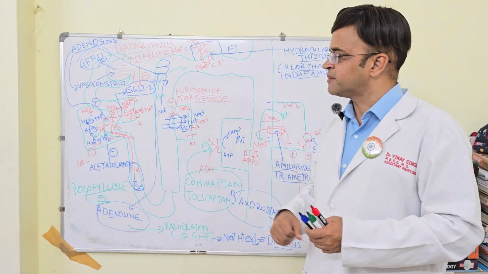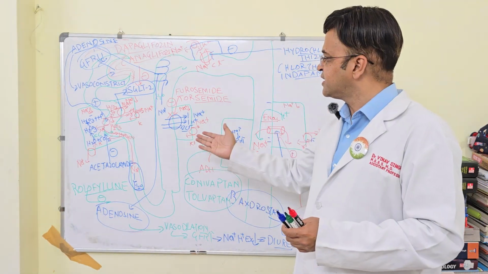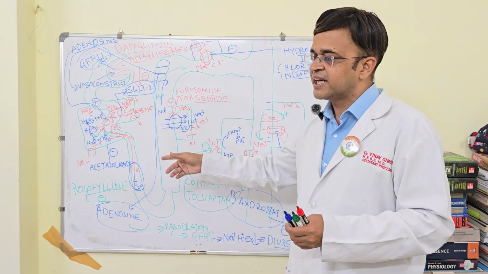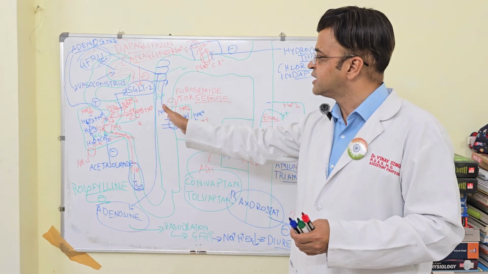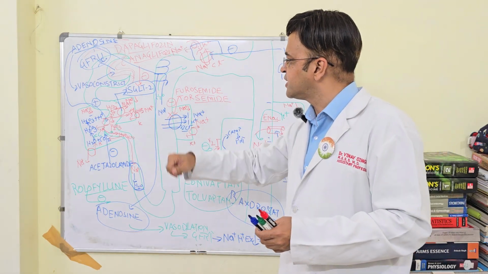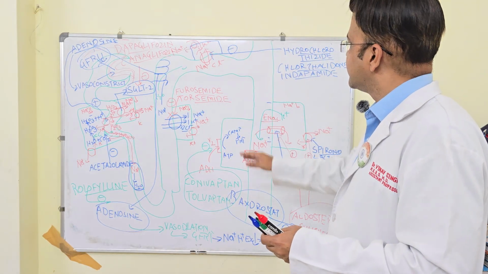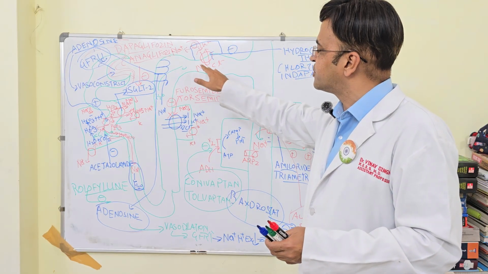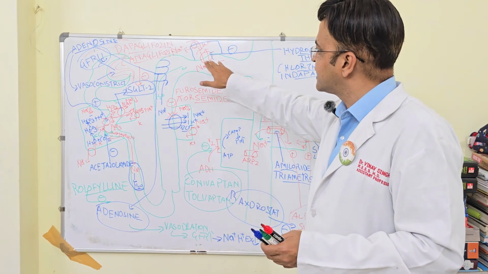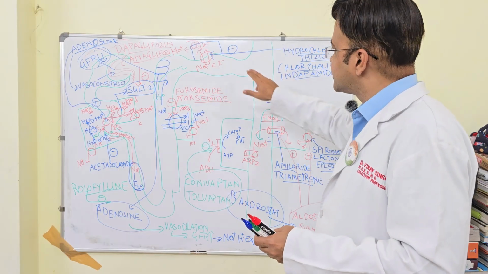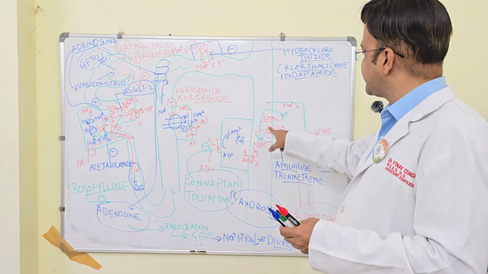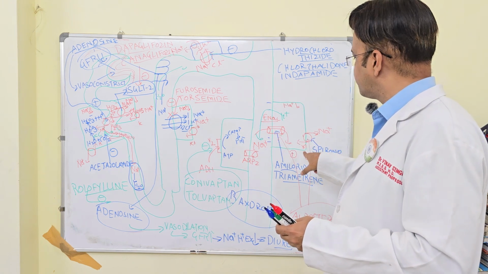So let's sum it up. The furosemide is going to act on your 1 sodium, 1 potassium, 2 chloride channel, and this will lead to diuresis because it will block the reabsorption of sodium and water is going to follow. Your hydrochlorothiazide is going to block the sodium chloride symporter. So sodium won't be reabsorbed, sodium will be excreted out and the water is going to follow. In principal cells, you have your ENaC channels and sodium potassium pump.